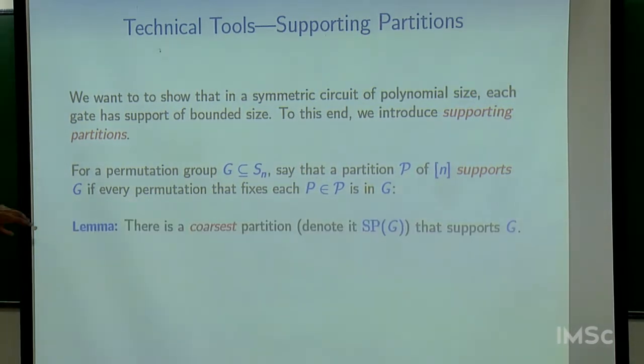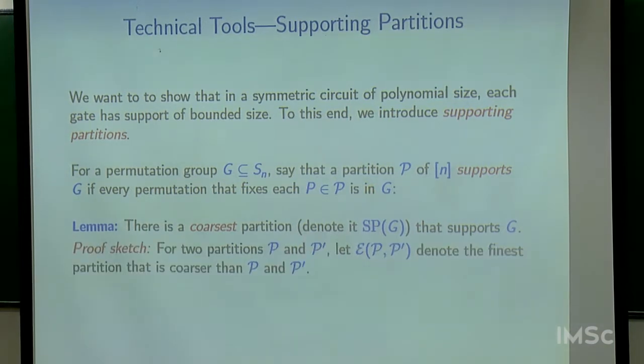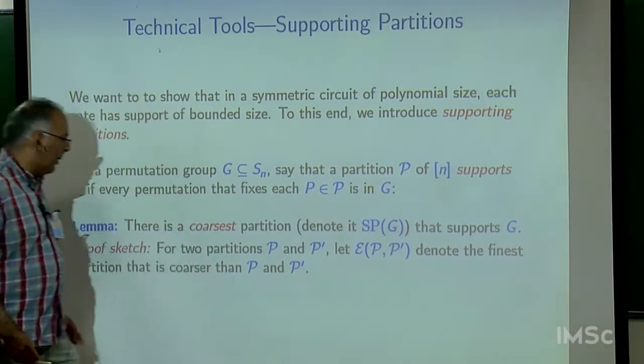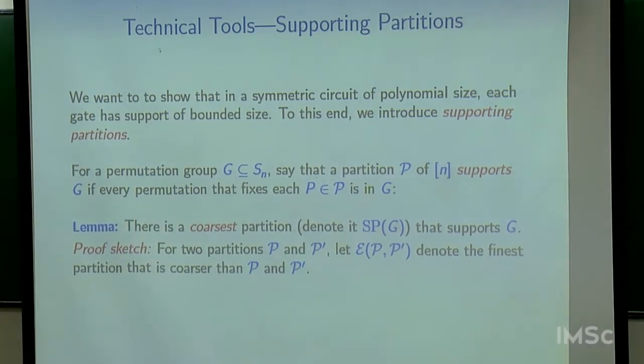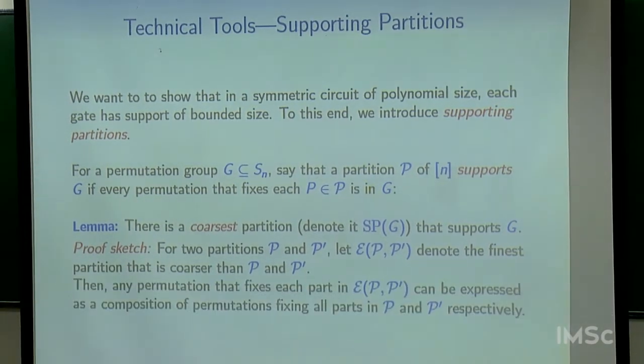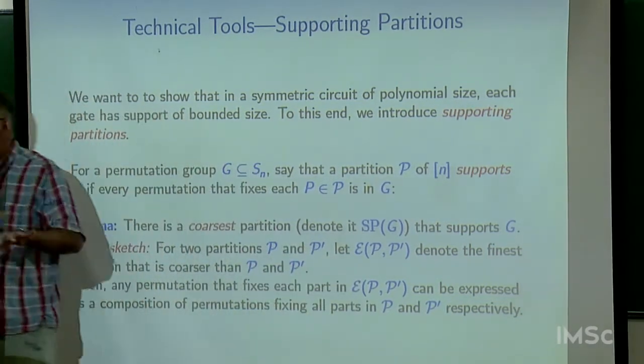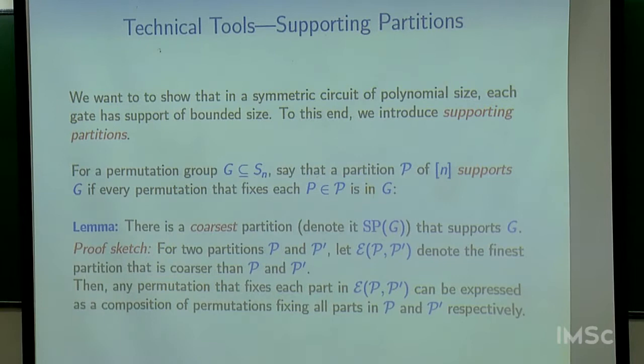Now, it's an easy lemma to show that for any group G, there is a coarsest partition that supports it. And that's simply because if you have two partitions, P and P prime, that support it, you can take the finest partition that's coarser than both P and P prime and show that any permutation that fixes each part of this can be expressed as a composition of permutations that fix each part of P and each part of P prime.